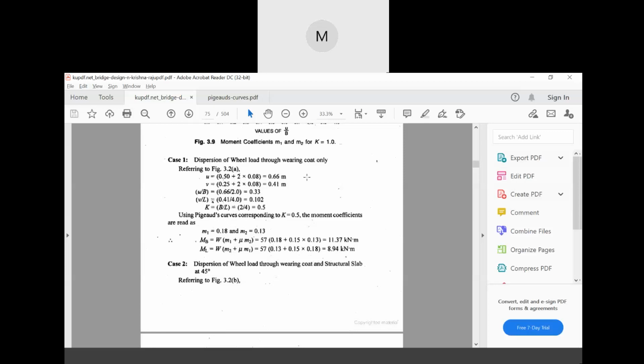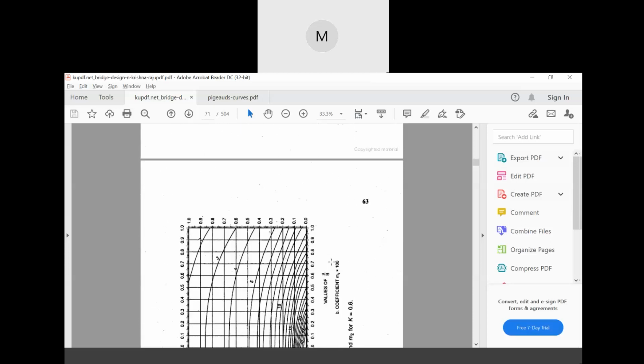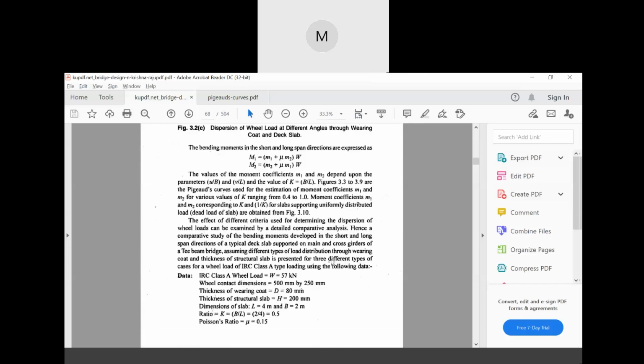I hope this is clear for everyone. This part is dispersion of wheel load through wearing coat only.